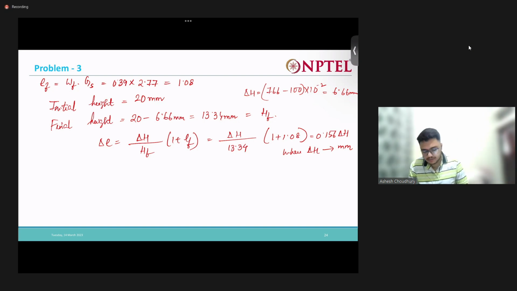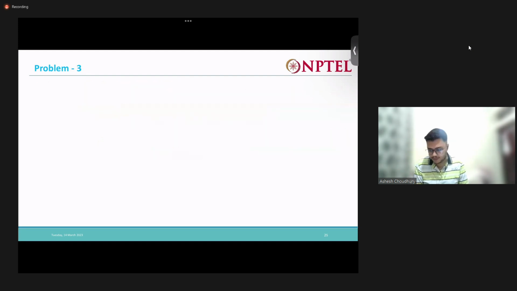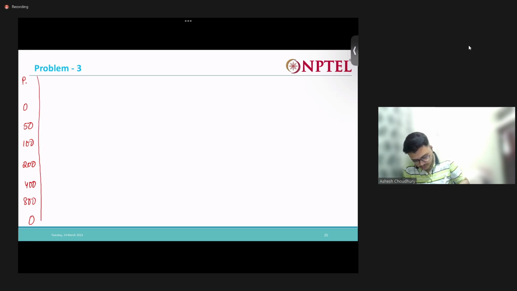So now let us make the table. We will be solving it in a tabular form, so it will be very easy for us. First it will be my pressure. What are my pressures? 0, 50, 100, then 200, then 400, then 800, then again 0, right?